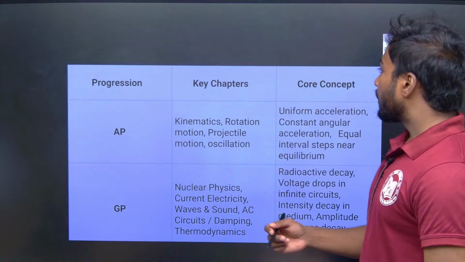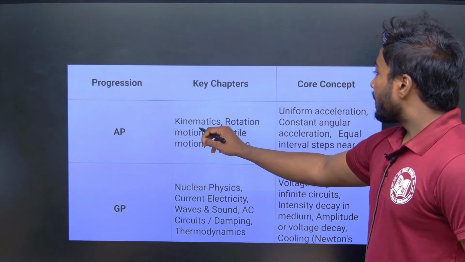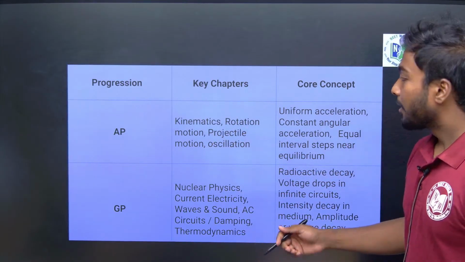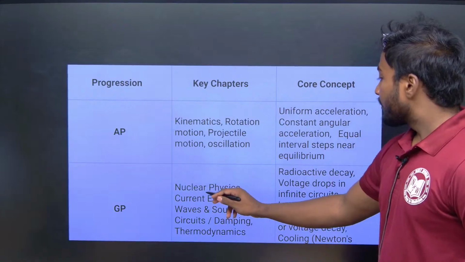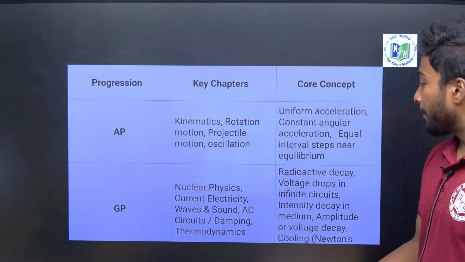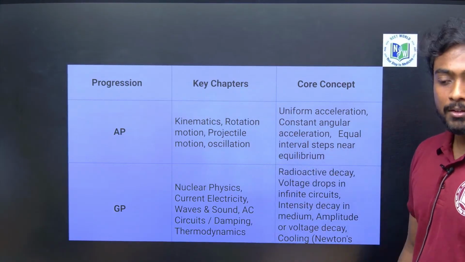So, where are we using this AP and GP? Chapters like kinematics, rotational motion, projectile motion, oscillation, nuclear physics, current electricity, waves, sound, AC circuit, damping and thermodynamics. These are the chapters where we will use AP and GP.